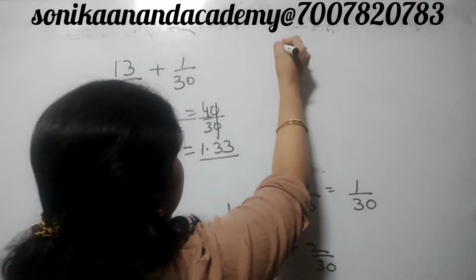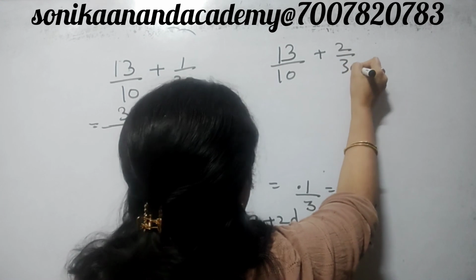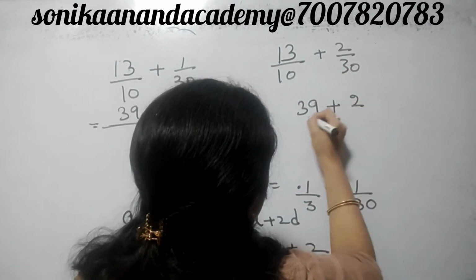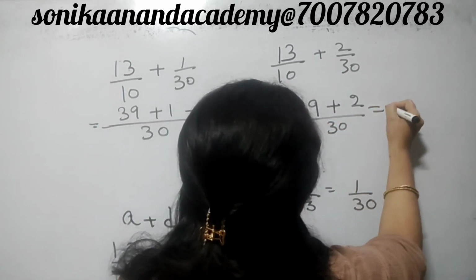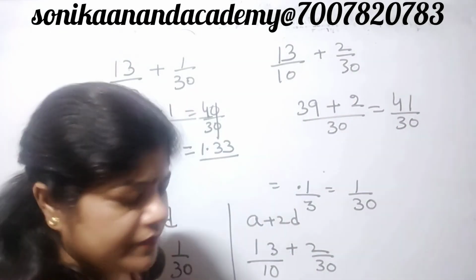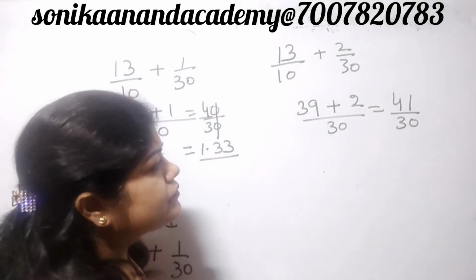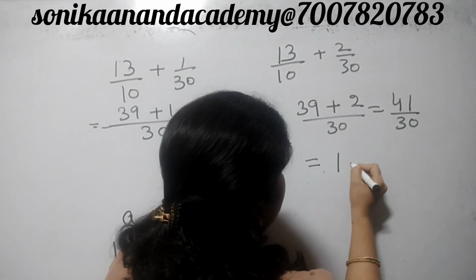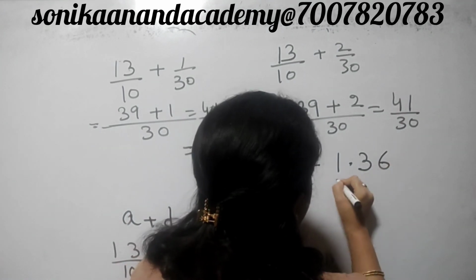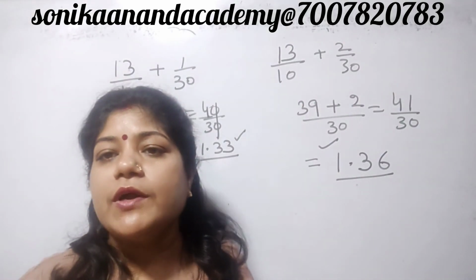Now similarly here we get 13 over 10 plus 2 by 30. So we get 39 plus 2 over 30, that means 41 over 30. When you divide, you get 1.36. So these are the two rational numbers between 1.3 and 1.4.